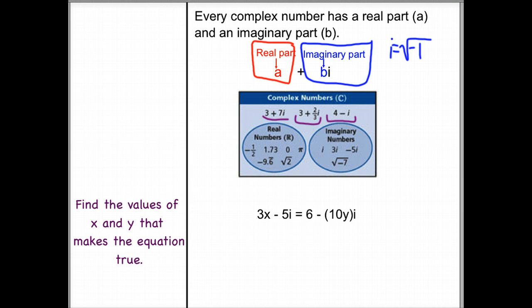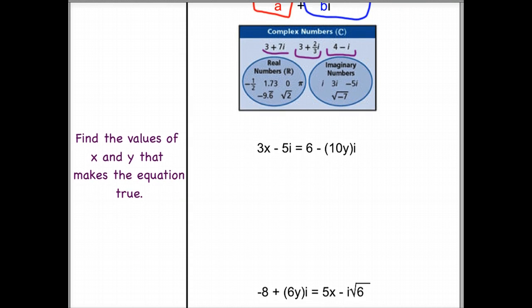So what we want to do is find the values of x and y that make the equation true. Right now we have 3x minus 5i equals 6 minus 10y times i. First of all, I want to identify which parts are the real numbers and which parts are the imaginary numbers.